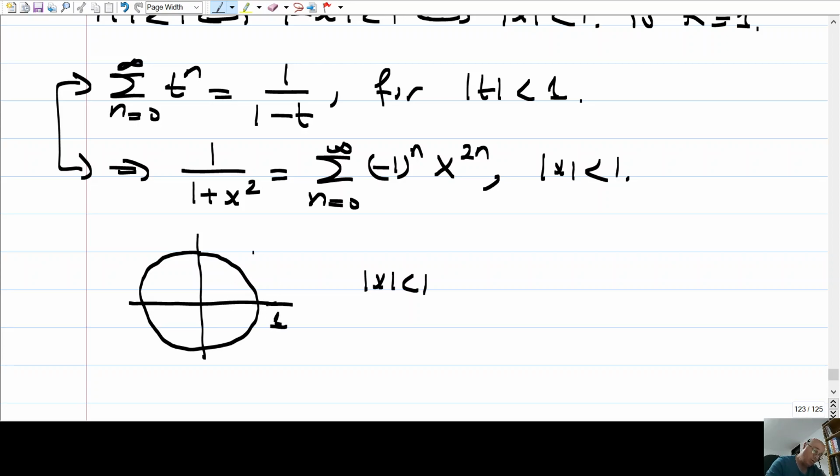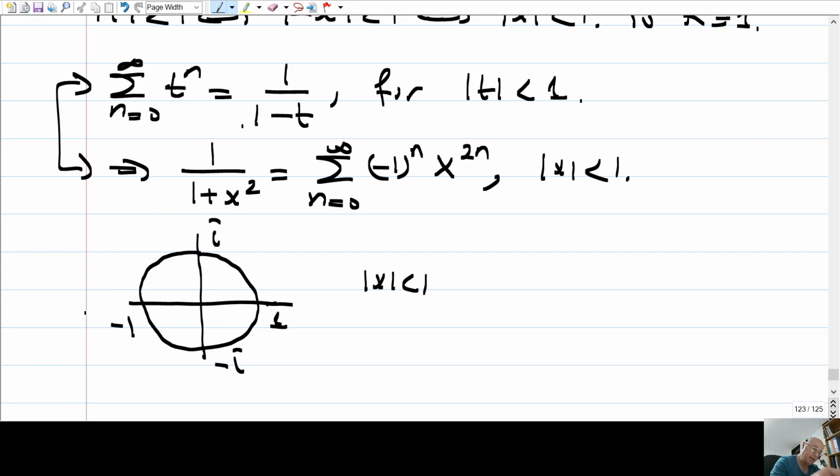Well, if you draw the ball with radius 1, then you have i here, and minus i here, and minus 1 here. And you see that you cannot plug i or minus i into the right hand side, right? Because it makes the denominator 0. So we have a situation similar to this one.